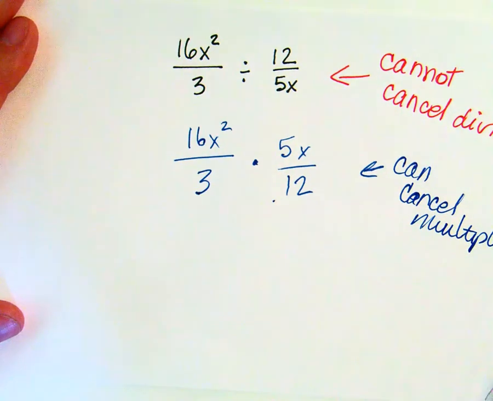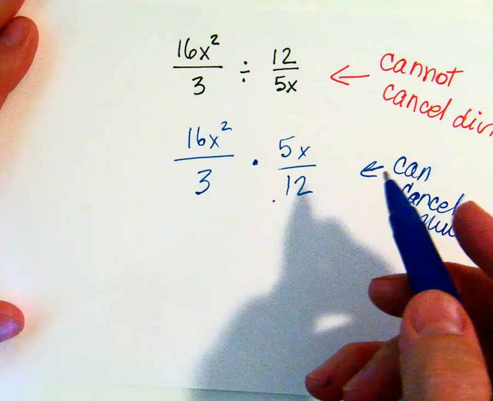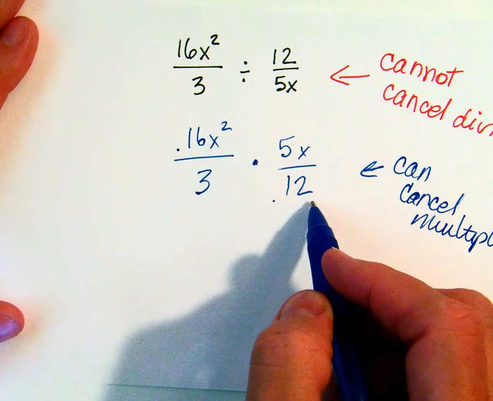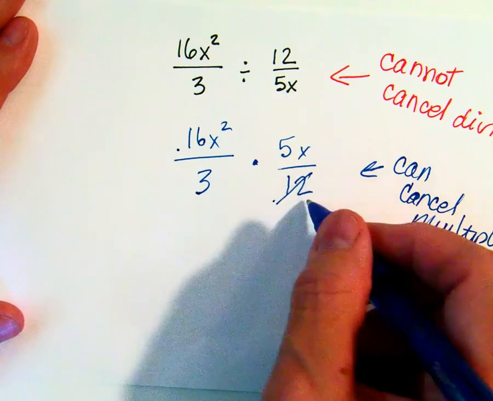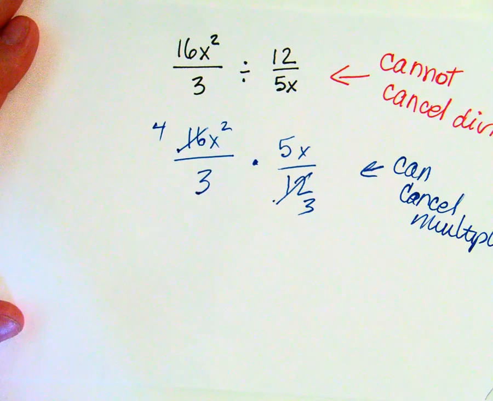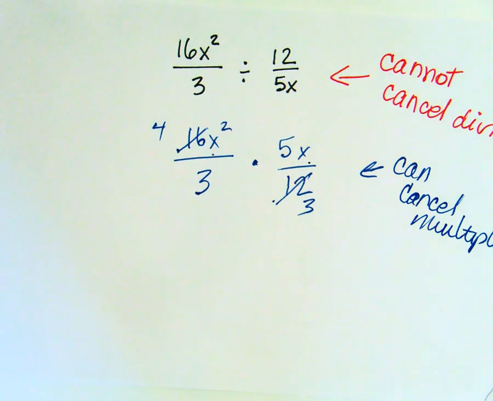Okay? So let's do it. I see a 6 and a 12. They'll both divide by 4. And that's the only thing. That's all you can do. Because these x's are both in the numerator. Okay. You can't cancel division.